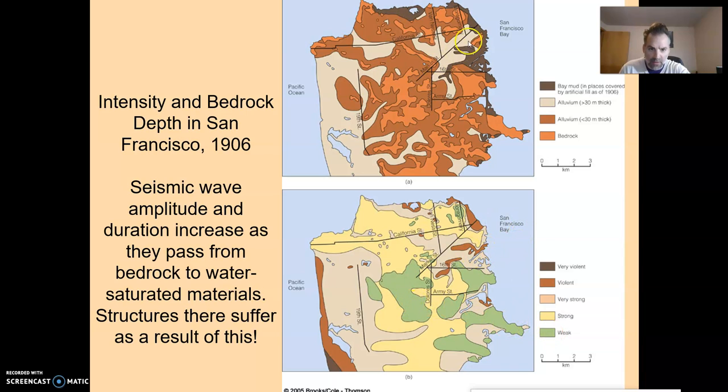And your most violent is going to occur, obviously, in the muds along the shore. And so if you anchor to bedrock, obviously you're still going to have instabilities and brittle type fracture, but it's not as bad as if you're on sediment. Obviously, the sediment's going to destabilize. If you have a lot of water pressure in the sediment, it's going to weaken.